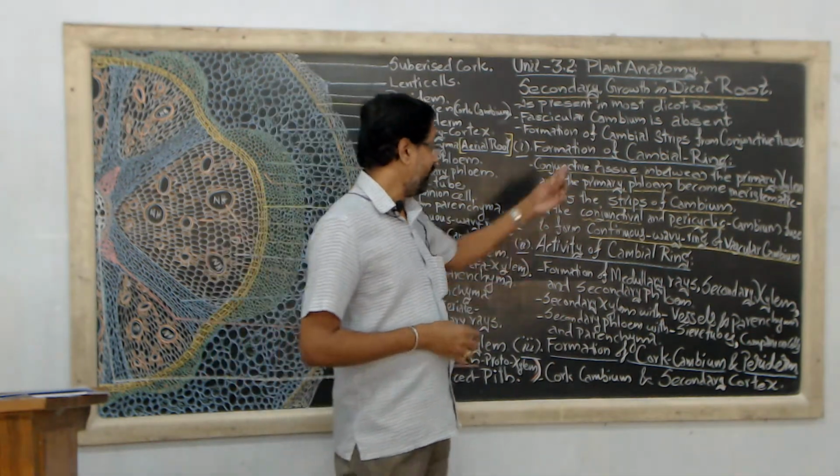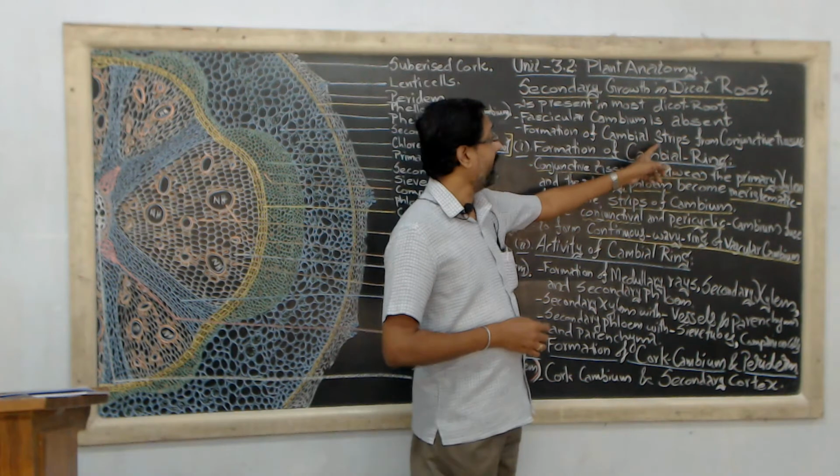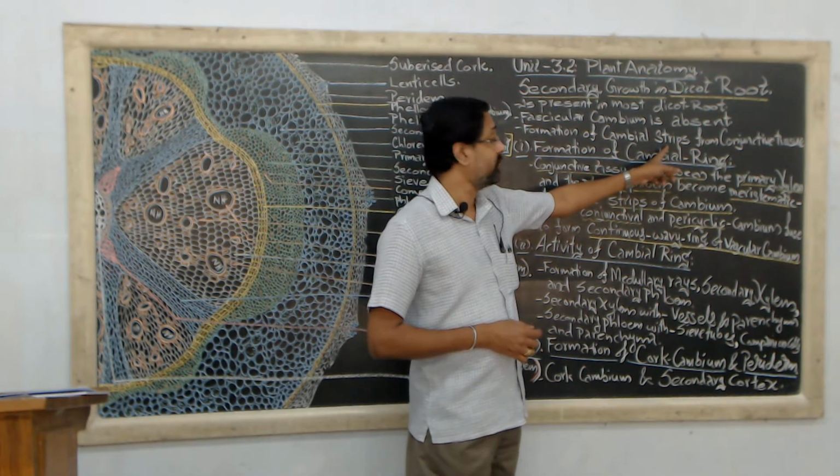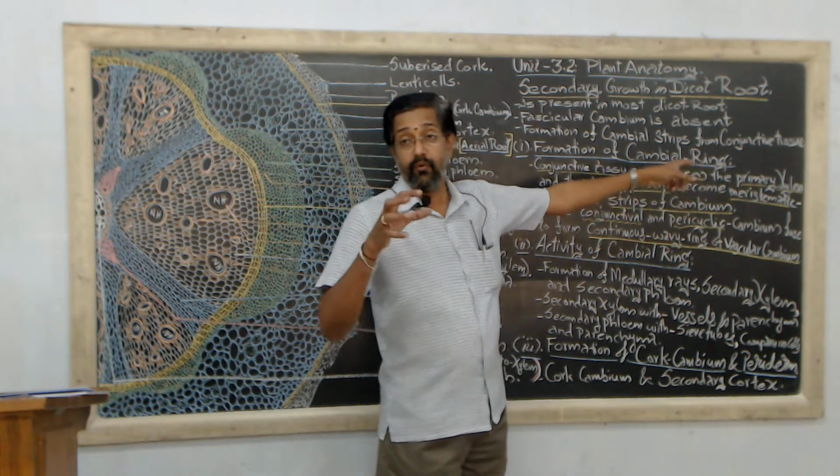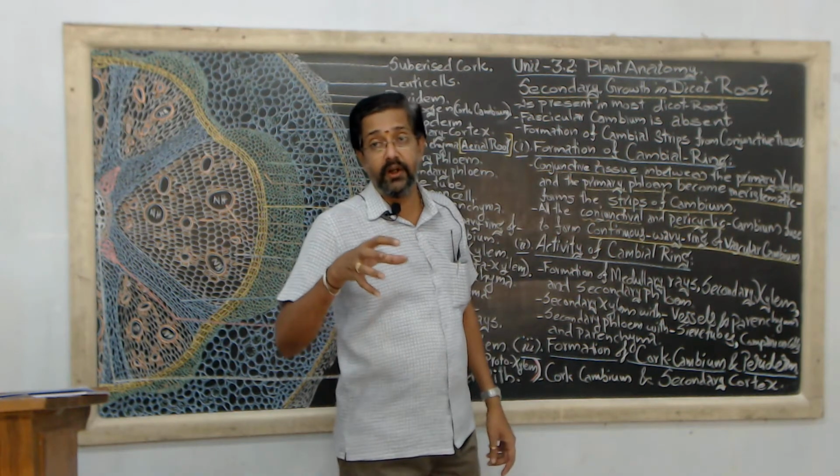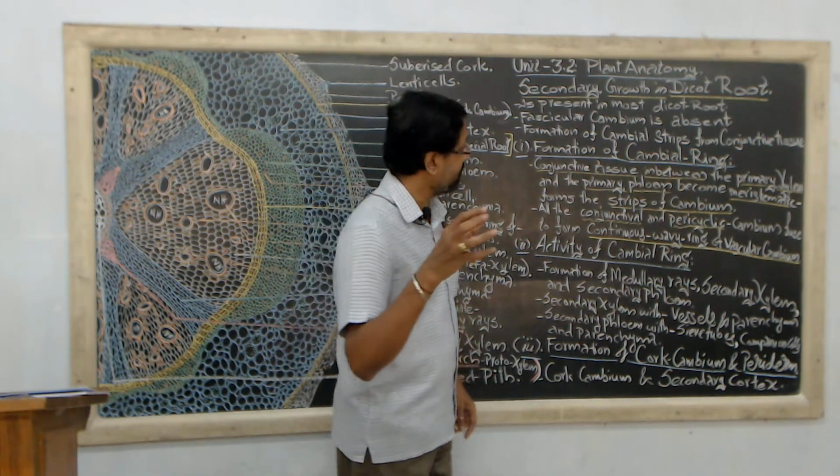So that is why we can see some cambial strips, that is, actively dividing cells formed from the conjunctive tissue, the ground parenchymatous tissue.